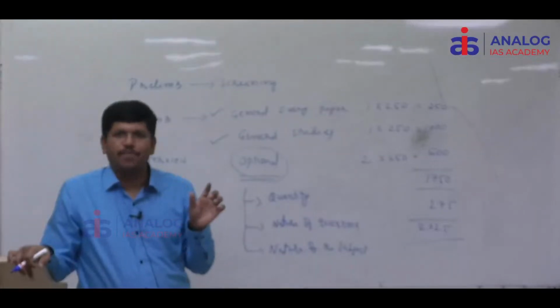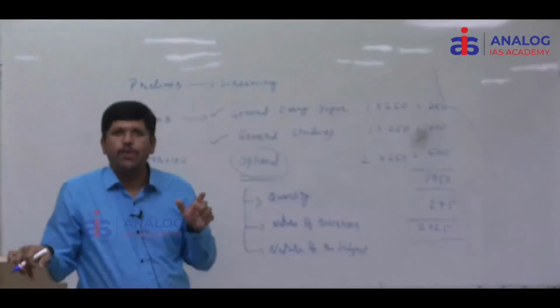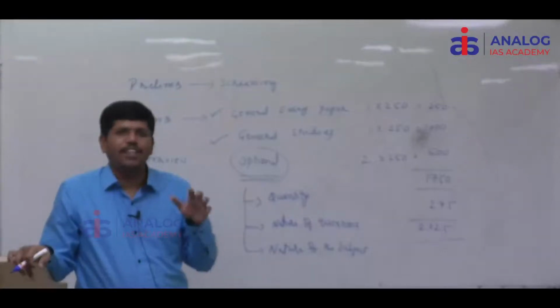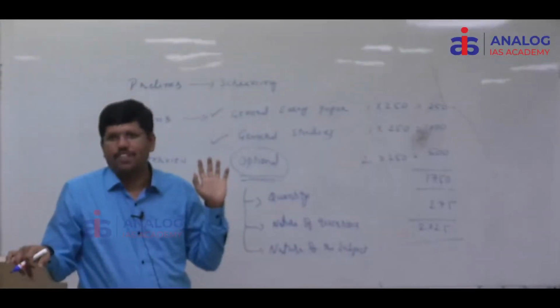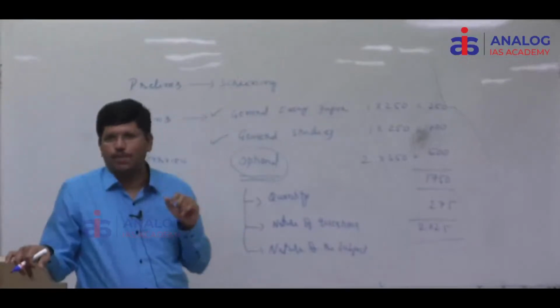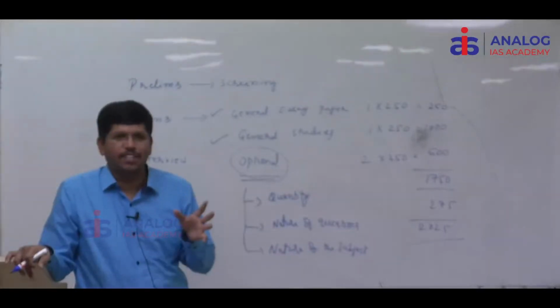Only optional. I have seen many people who became IAS officers only because of optionals, and who lost their careers only because of optionals. When we were preparing for civil services, there were two optionals. In anthropology, I was one of the national toppers. My second optional, because of my medical background, I opted for zoology.